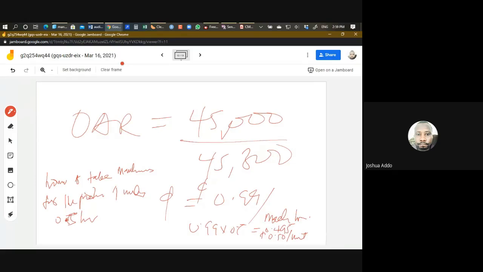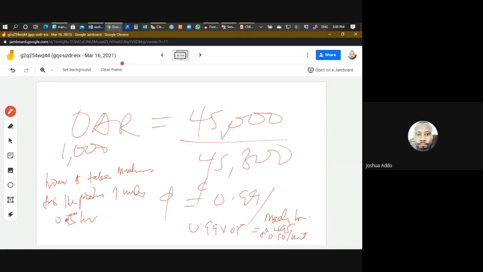Another way you can arrive at this approximately 0.50 is to do it this way. If I have 0.99 per machine hour, I can calculate the total overhead charge using the total machine hours for producing all the units of that product.